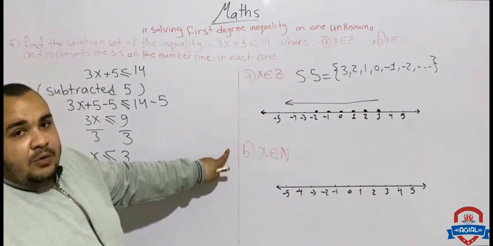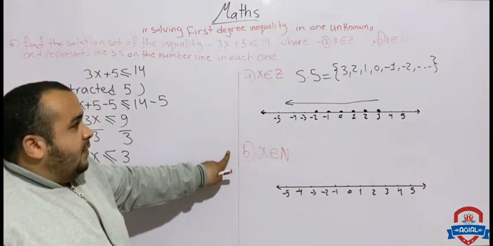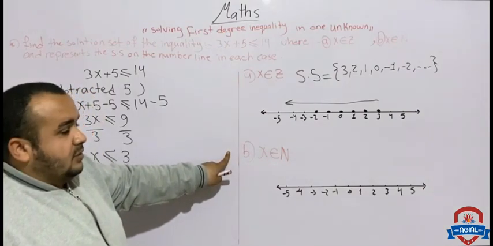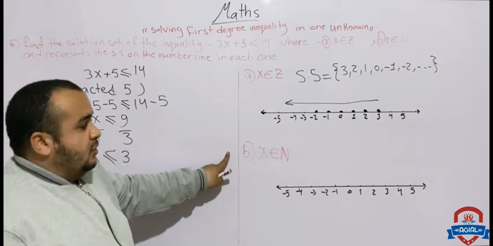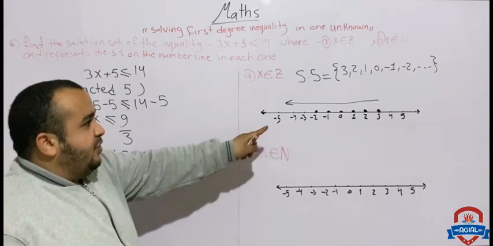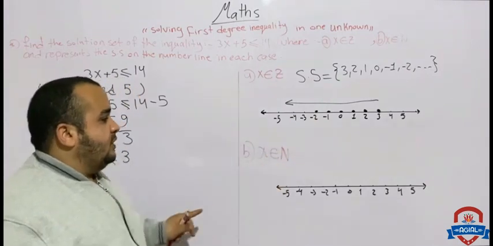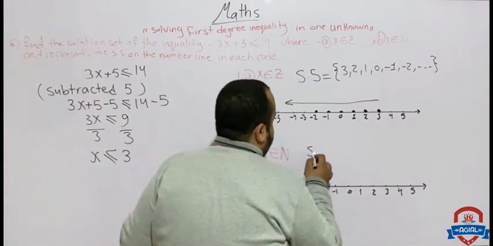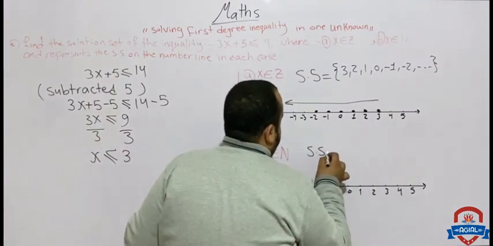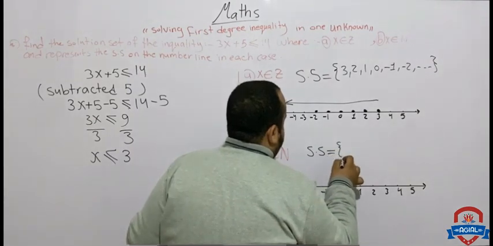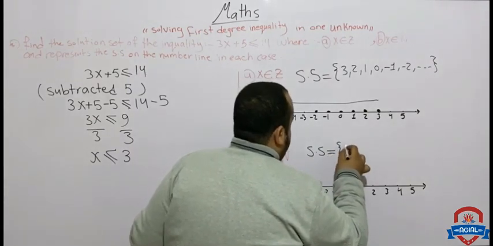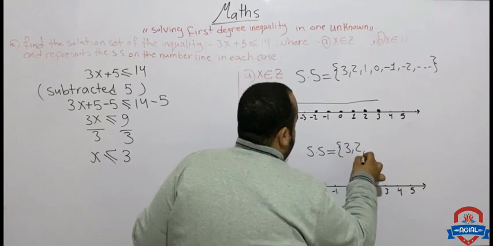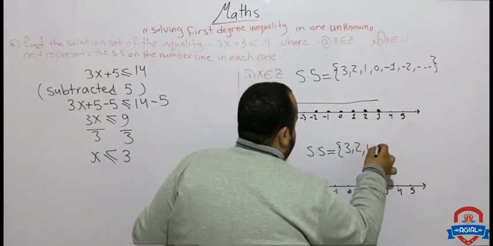And now what about the set of natural numbers? The set of natural numbers does not contain the negative numbers, so we start from 3 and go to 0. So the solution set of this inequality in the set of natural numbers equals 3, 2, 1, and 0.